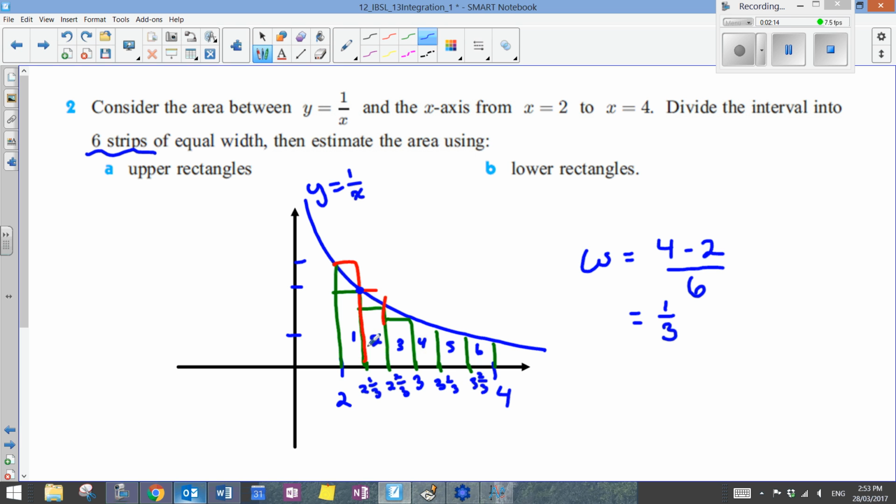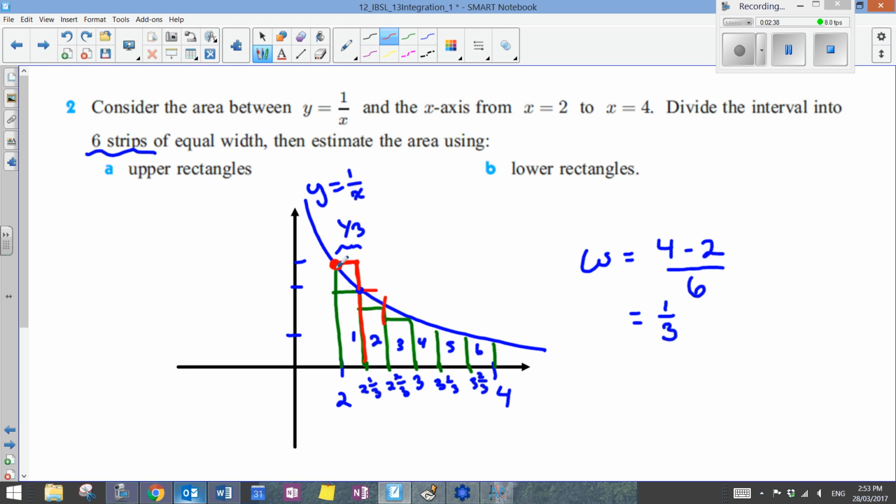Now when I'm looking at finding the area, I can look at one separate rectangle. I know that the width is 1/3 for all of these rectangles, but now the height is what I need to use the function for. So if I notice this first rectangle, if I'm talking about the upper rectangle, it's going to hit the curve at a height that's equal to that y value.